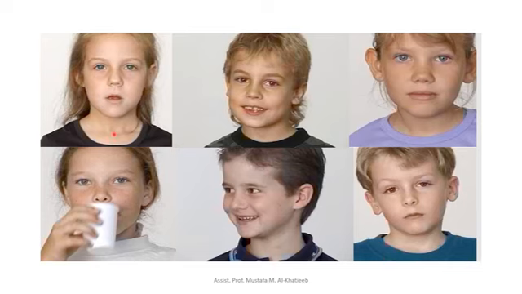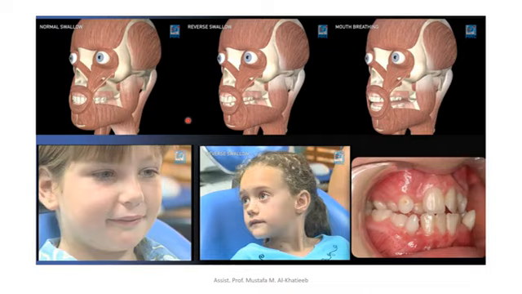So we should notice the bad habit as early as possible to correct it. Here there is incompetent lip because there is incomplete closure of the lip at rest, and there is hypercontraction of the mentalis muscle. Also here there is incompetent lip.